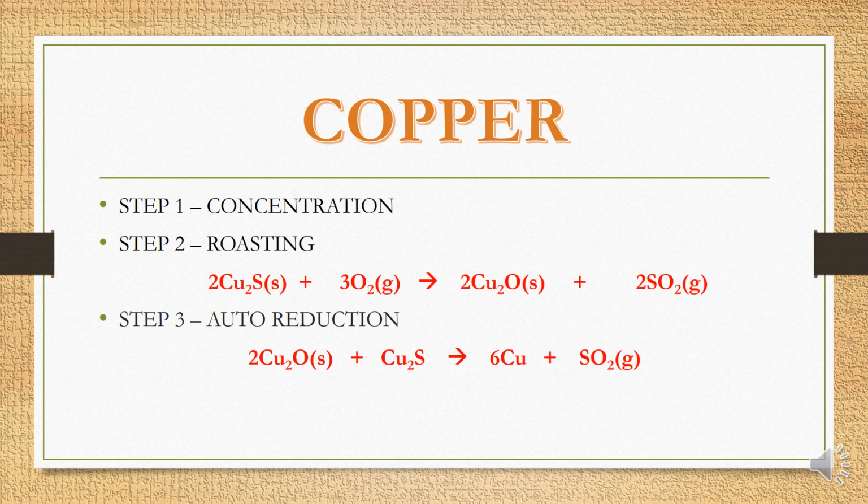What I am saying here, please hear it again. During the roasting process, when 50% of the copper sulfide is converted into copper oxide, the supply of oxygen or air will be stopped.